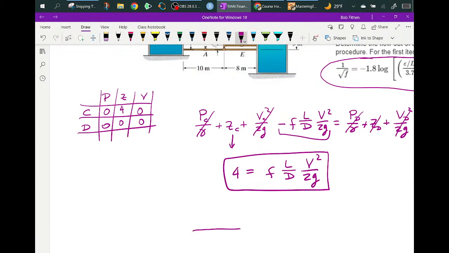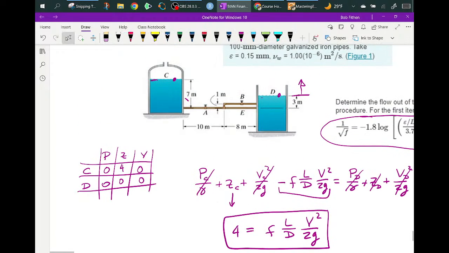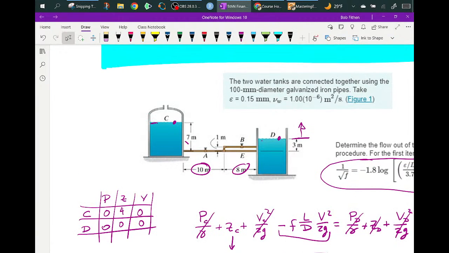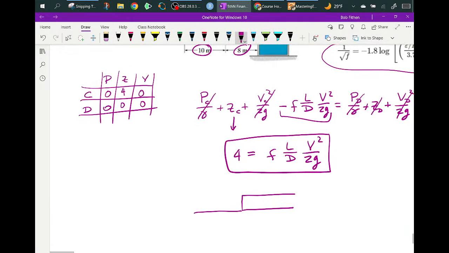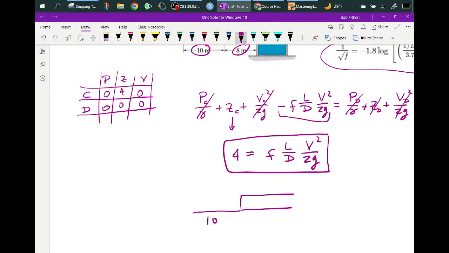You have a pipe that comes across and goes like that. It looks like it's 10 and then 8. He doesn't say anything up here, so it's 10 meters and then 8 meters.